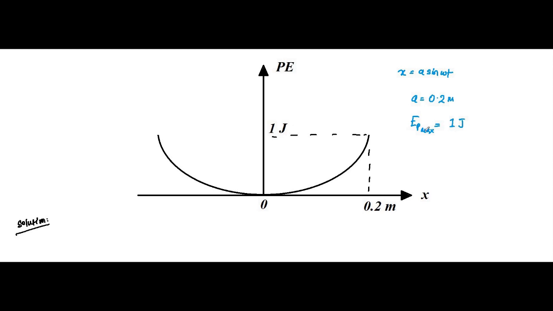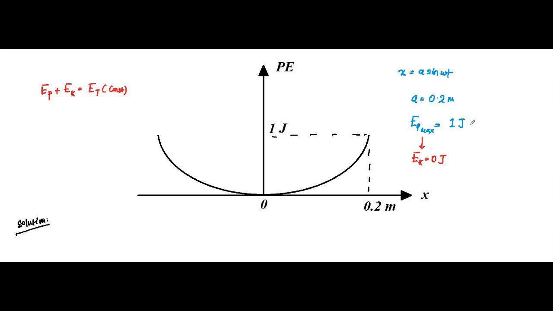Another thing you must understand is that maximum potential energy happens when the kinetic energy is 0, because the sum of potential energy and kinetic energy, that is the total energy, is constant throughout.